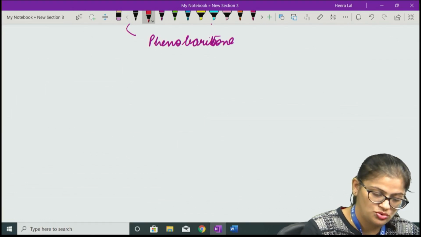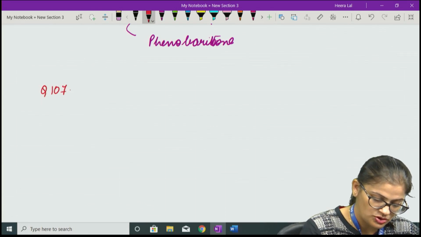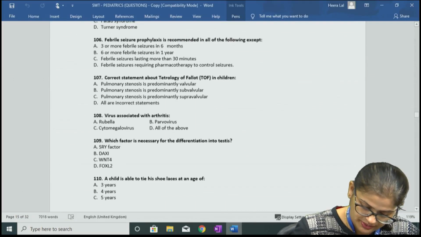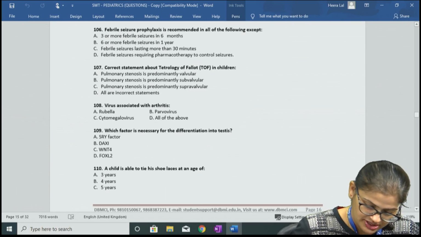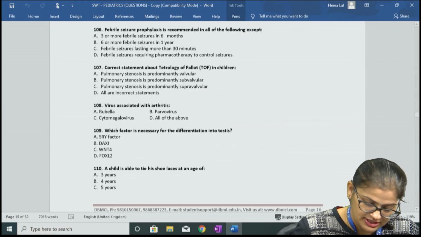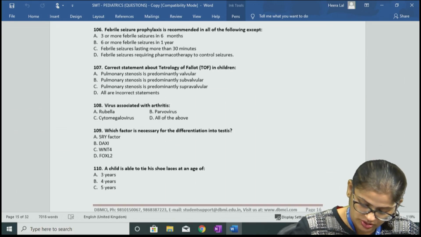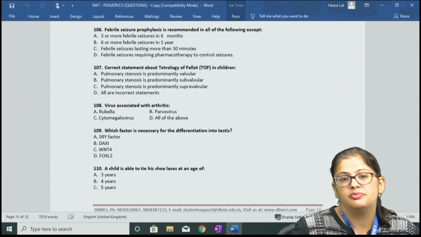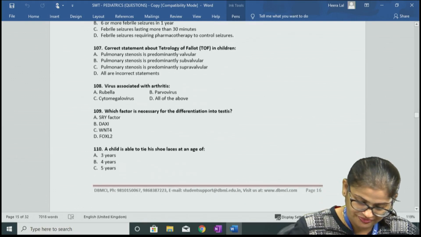So next we come on to question number 107. And question number 107 was, correct statement about tetralogy of Fallot is, and the correct answer is option number B, that is pulmonary stenosis is predominantly subvalvular. So you should know that the pulmonary stenosis that occurs in tetralogy of Fallot is primarily subvalvular in origin.